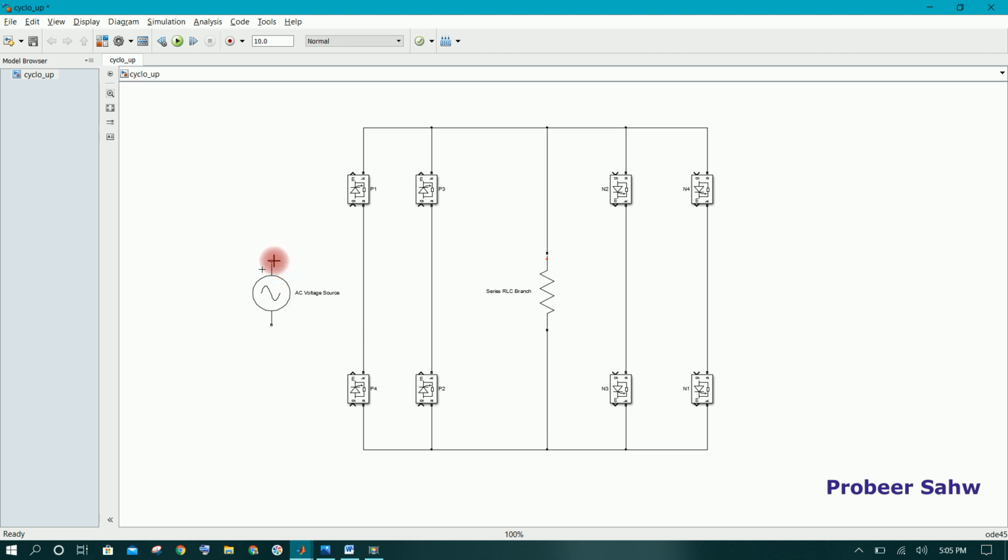Now let us connect the source, positive, negative.